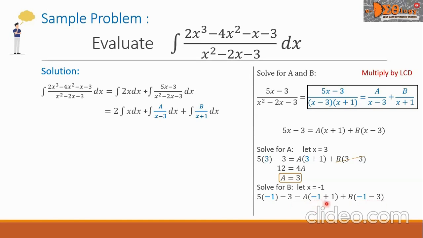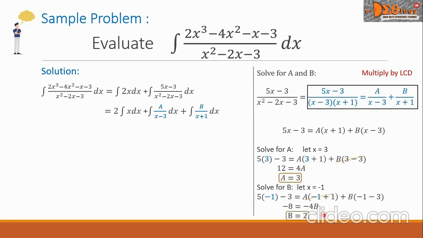This negative 1 plus 1 will be 0, and 0 times A will be 0. Simplifying this equation, the left side becomes negative 8 equals the right side, negative 4B. Simplifying further, the value of B equals positive 2.